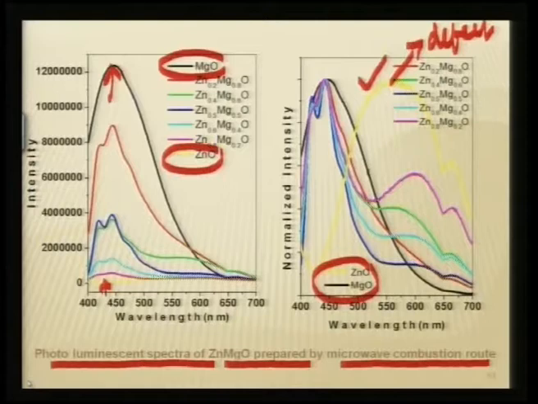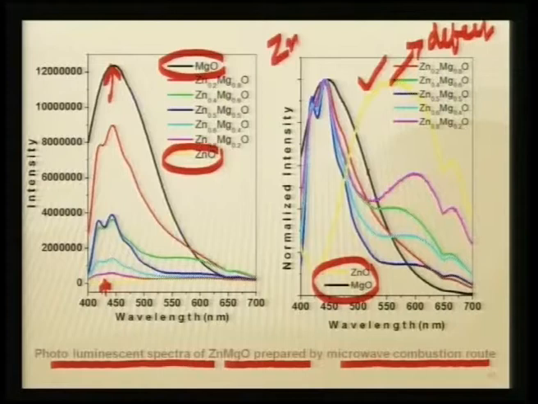So, in microwave we are able to achieve a larger doping of magnesium into the zinc oxide lattice, but we are completely missing out on the oxygen concentration, and this defect is mainly coming from the oxygen defect. So, more and more oxygen defect induced emission is dominating the zinc oxide case, but nevertheless, when you try to dope it with magnesium using the combustion reaction, you can see clearly that this defect induced concentration is nearly vanishing.